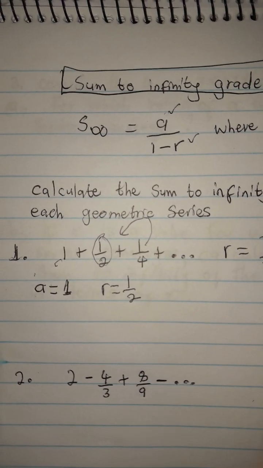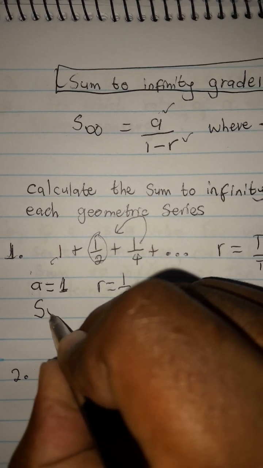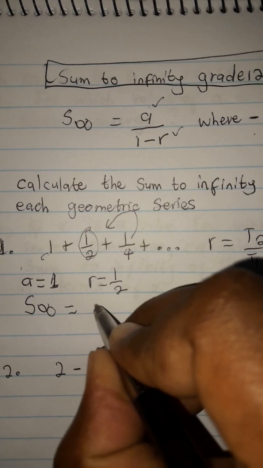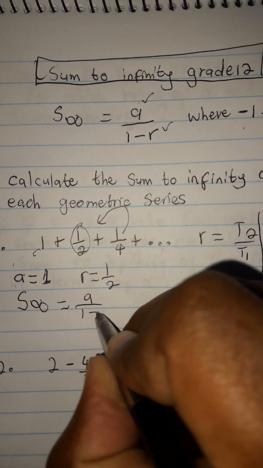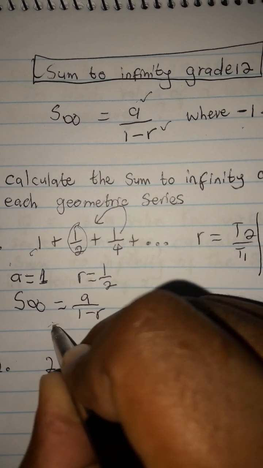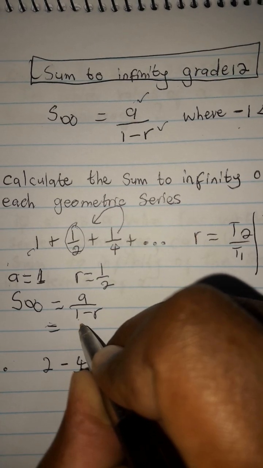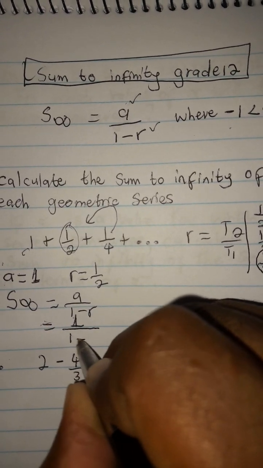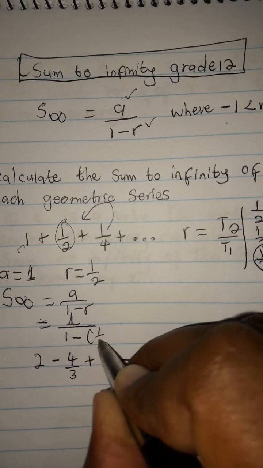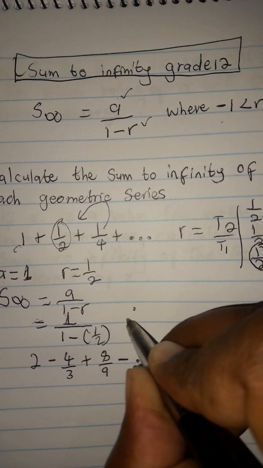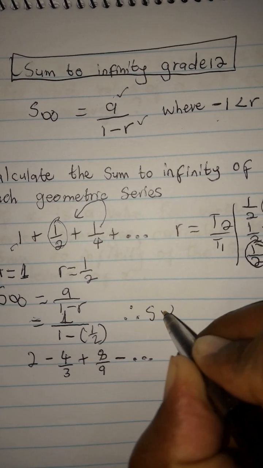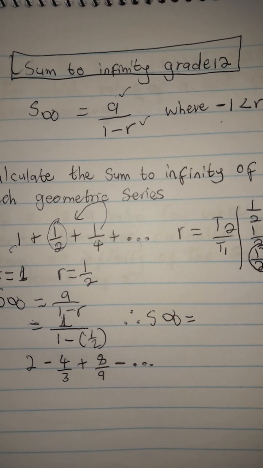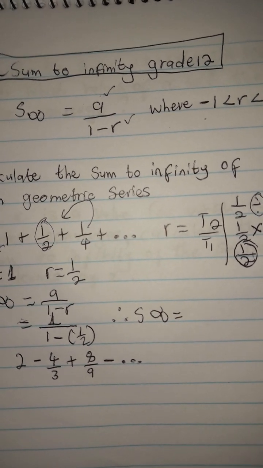Are we done? No. We have collected the data. We need to calculate the sum to infinity. So this will be a over 1 minus r. Where we see a, you replace it by 1. 1 minus, where we see r, we replace it by half. Then let's punch our calculator there.